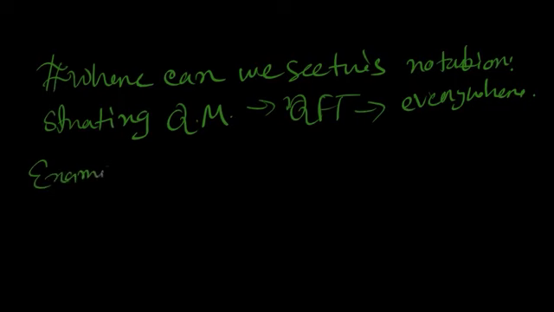For example, let's say I have an electron and its spin, very roughly speaking, is half, a spin quantum number.